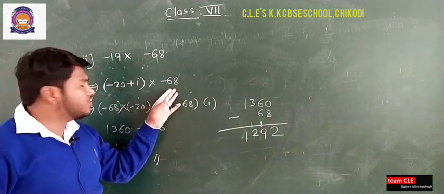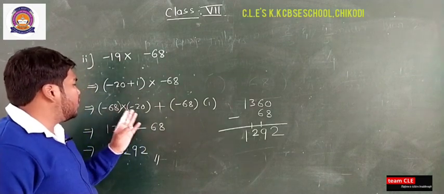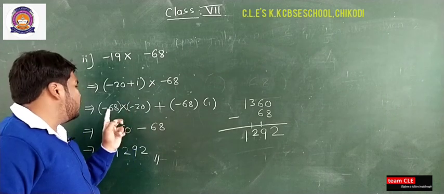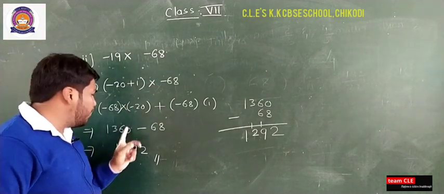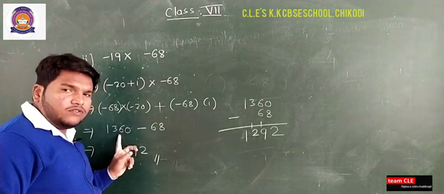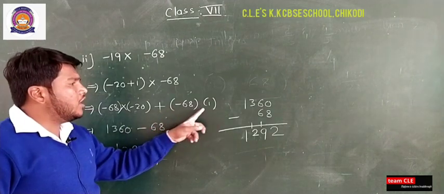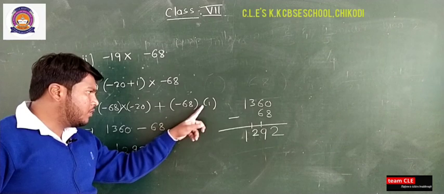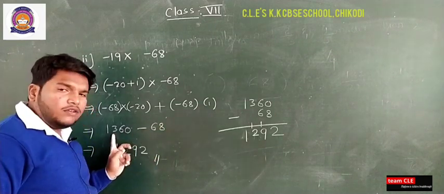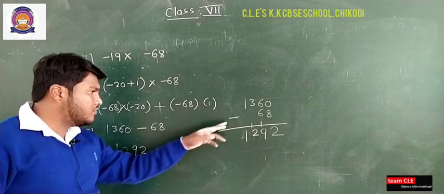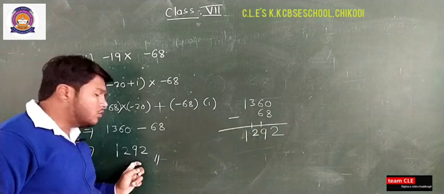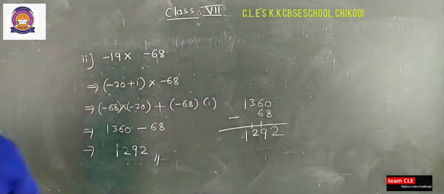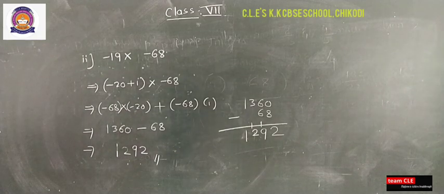Then I multiplied 68 into 20, then the plus operation as it is, 68 into 1. 68 into 20 gives the product 1360, and minus 68 into 1, that is 68 ones are 68, plus into minus is minus. So subtract 1360 minus 68, and you will get 1292. All of you please note down these two examples and go through this video.